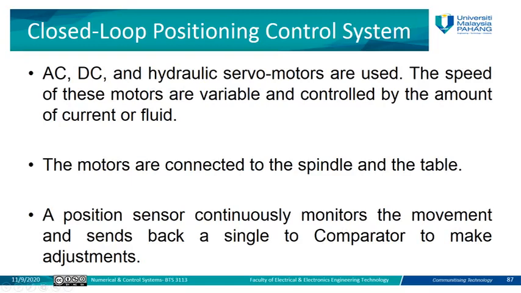So the position sensor here will continuously monitor the movement and send the feedback signal to the comparator in order to compare between the actual position and the set point that given to the controller.